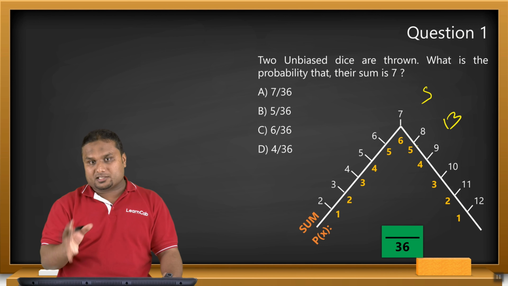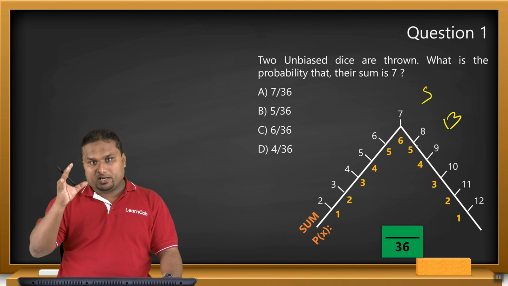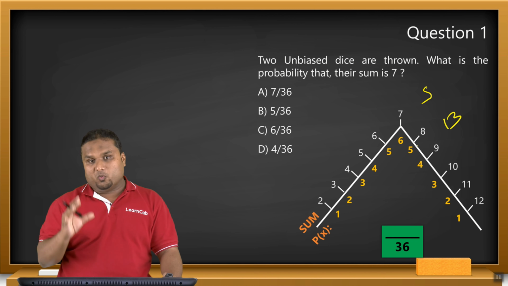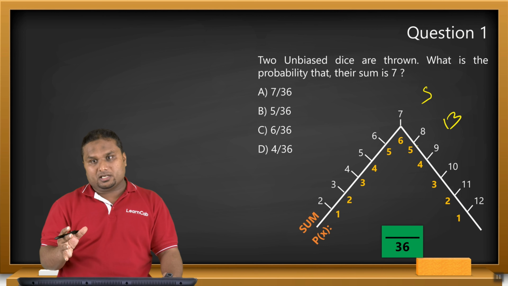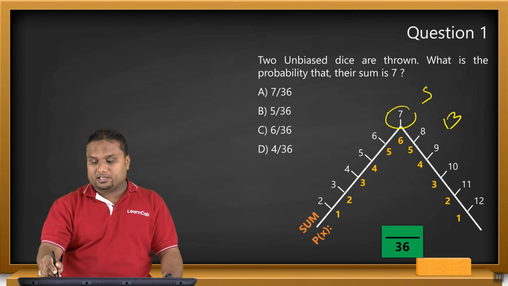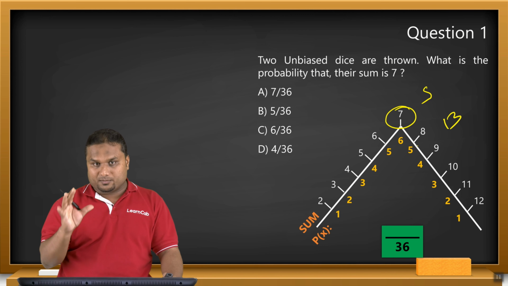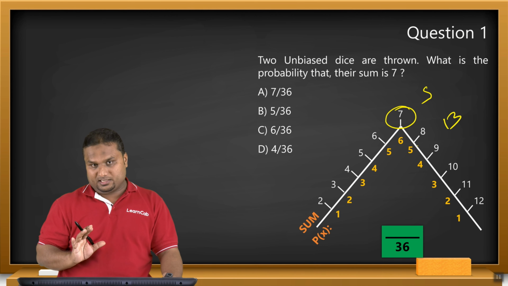S is having maximum probability when S is equal to dash. What is the maximum probability over here? The maximum probability is 6 by 36, and that maximum probability goes to when sum is equal to 7. So sum is equal to 7 is having a probability of 6 by 36.